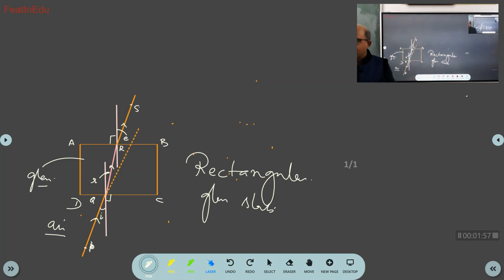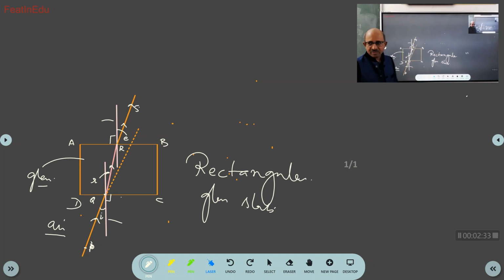QR is the ray which is inside the glass and we call that the refracted ray. Then the light is coming out of the glass and you can see the ray RS. RS is the emergent ray. At the point of incidence and at the point of emergence, I have drawn two normals to the surface.